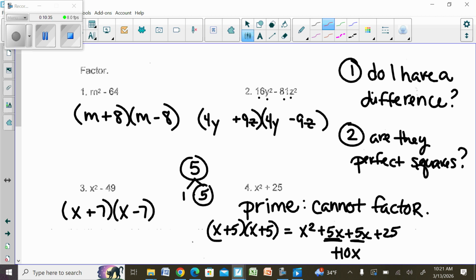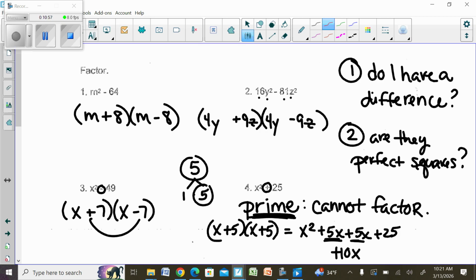Someone might say, okay, well then do negative. That's just going to give you a negative 10x in the middle. It won't go away. In order to make them cancel, you have to have one positive and one negative. And if you have one positive and one negative, always you'll get a negative when you multiply them. This is a positive. So there's a contradiction there. So on these answers, we write prime.